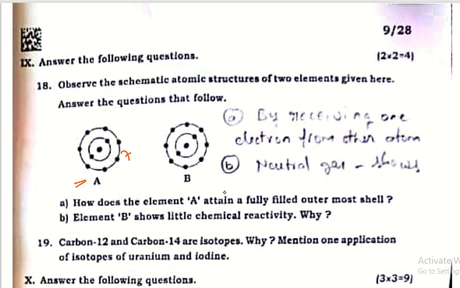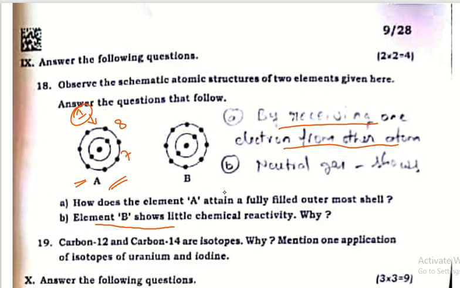The second shell requires 8 electrons, so by receiving 1 electron from another atom it attains a fully filled outermost shell.